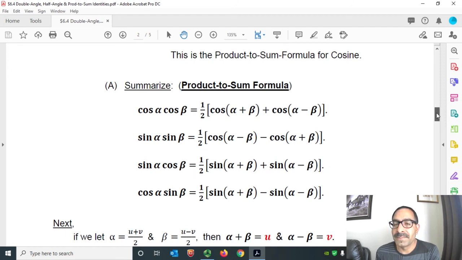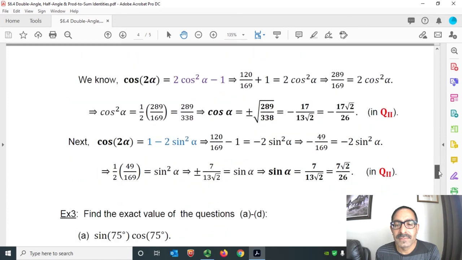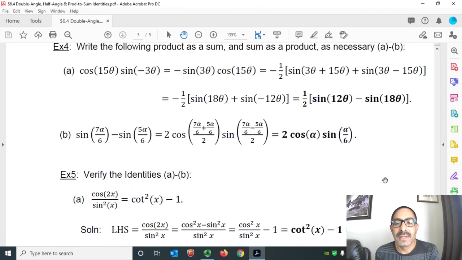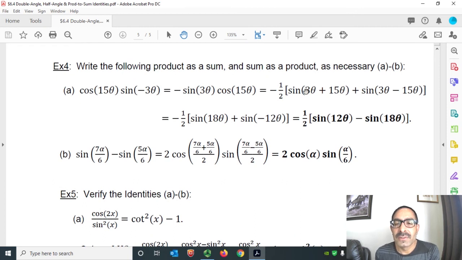Let me scroll down. We are in example 4. So this part comes from the formula. Now just the routine computations: minus 1 half as it is, 3 theta plus 15 theta is 18 theta, so sine 18 theta, plus as it is, 3 theta minus 15 theta is minus 12 theta, so sine of minus 12 theta.